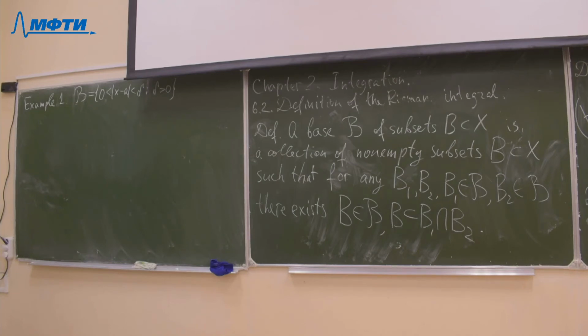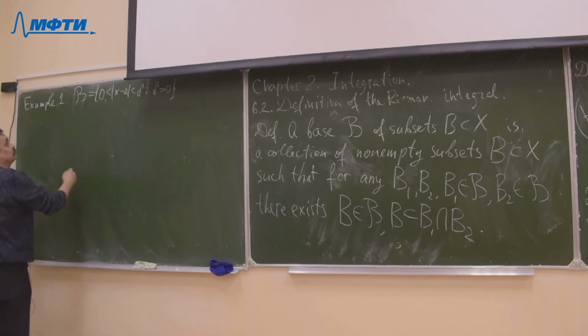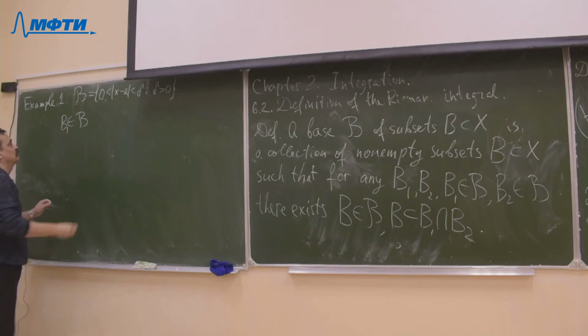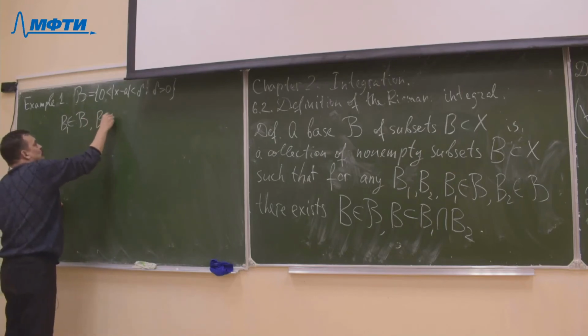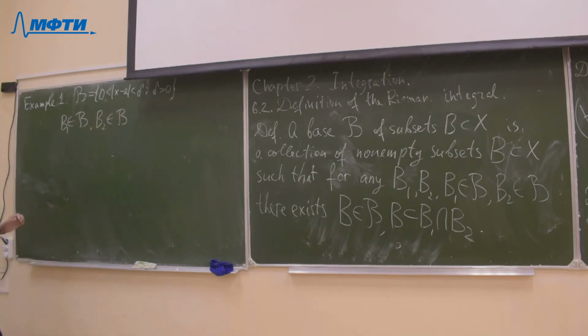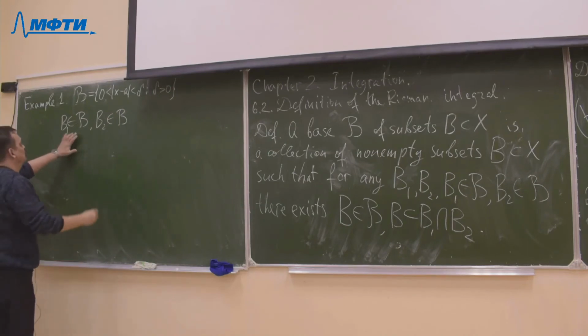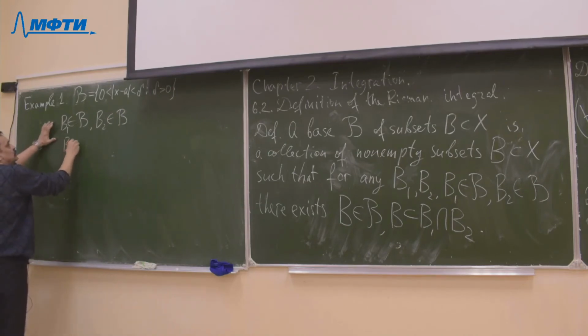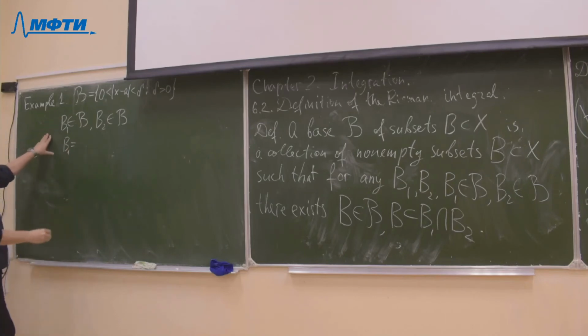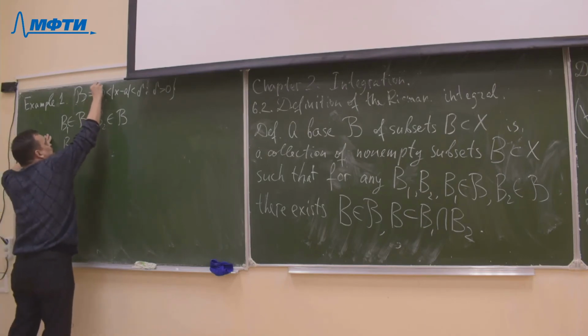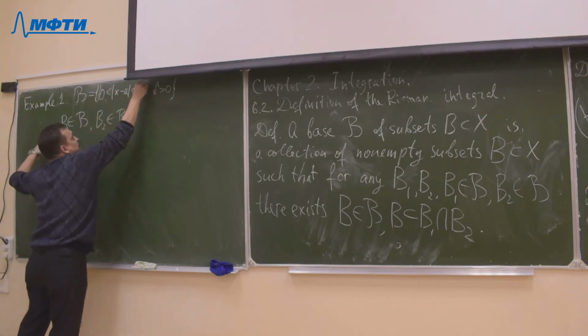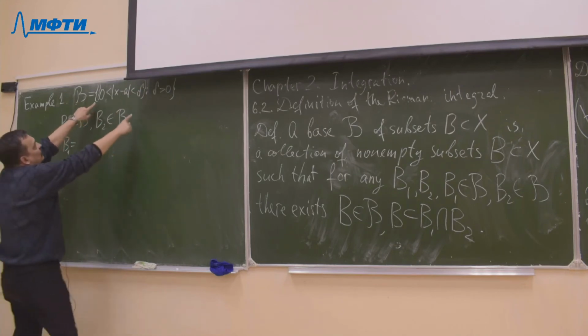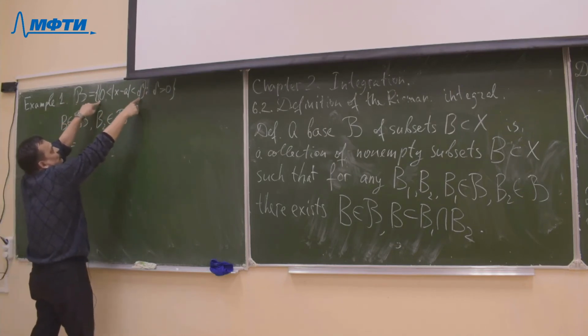That is a base. Why? Because if, let's say, B1 belongs to B, B2 belongs to B, then what does it mean? So B consists of neighborhoods.